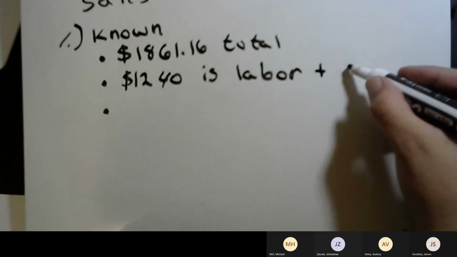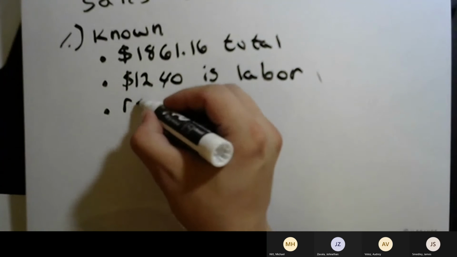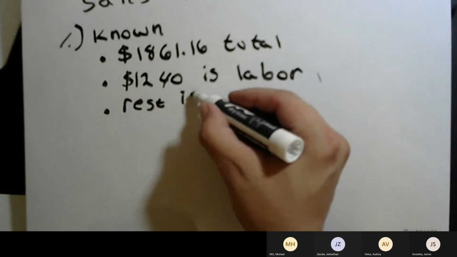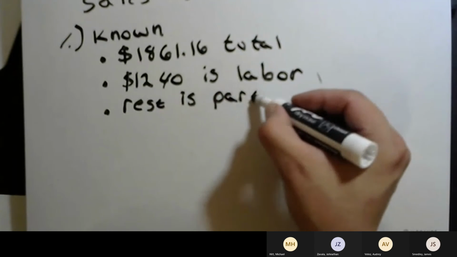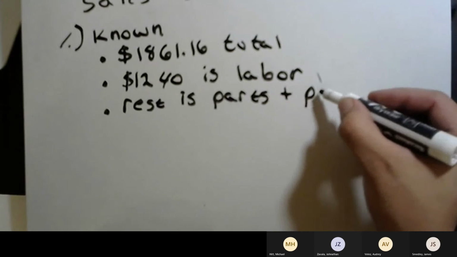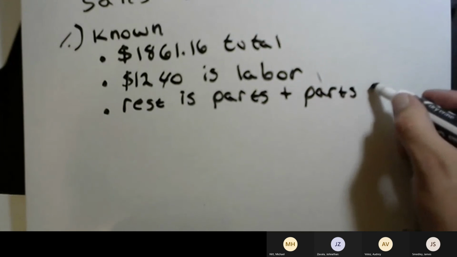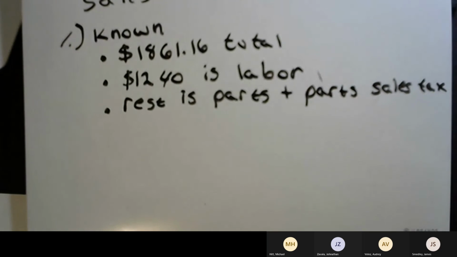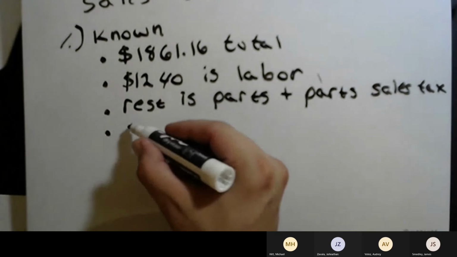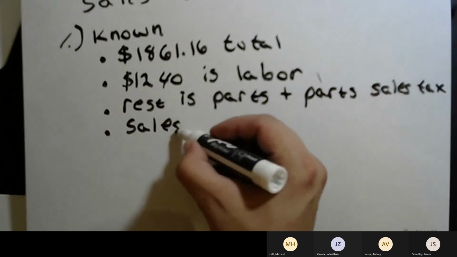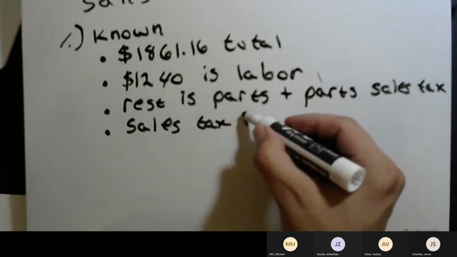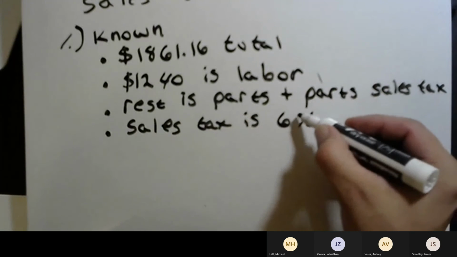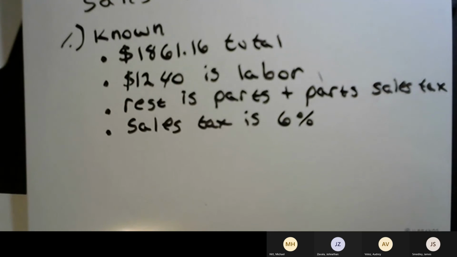And the rest is parts plus parts sales tax. No sales tax on the labor. Sales tax is 6%. So that's what we know.